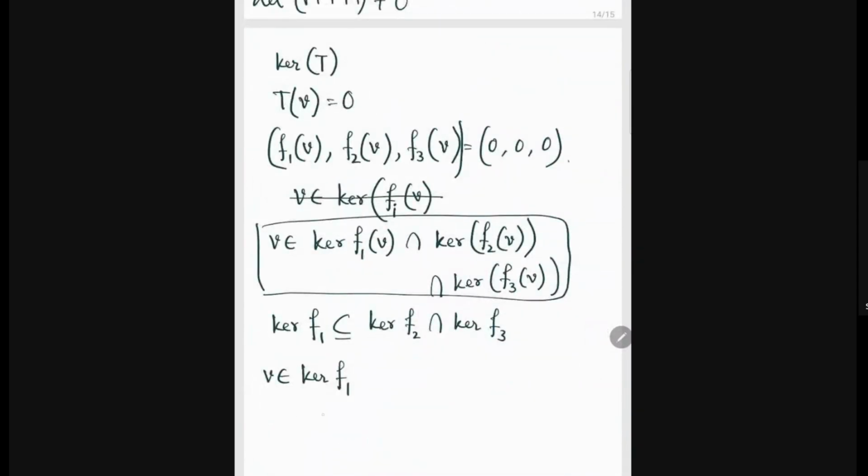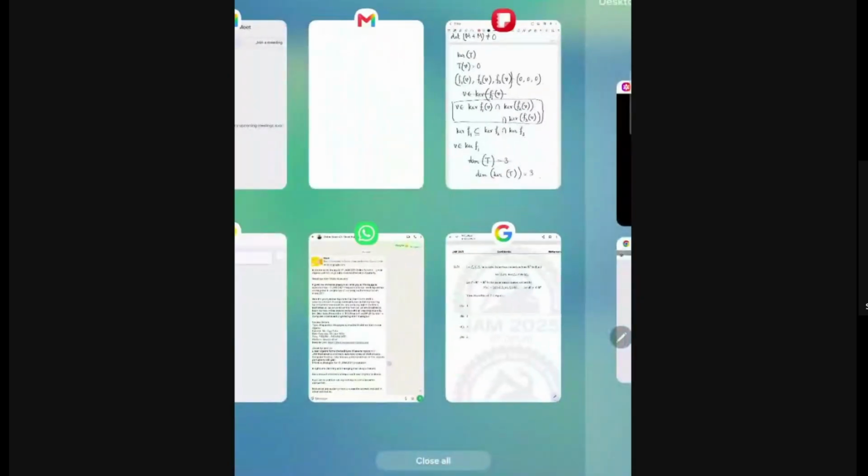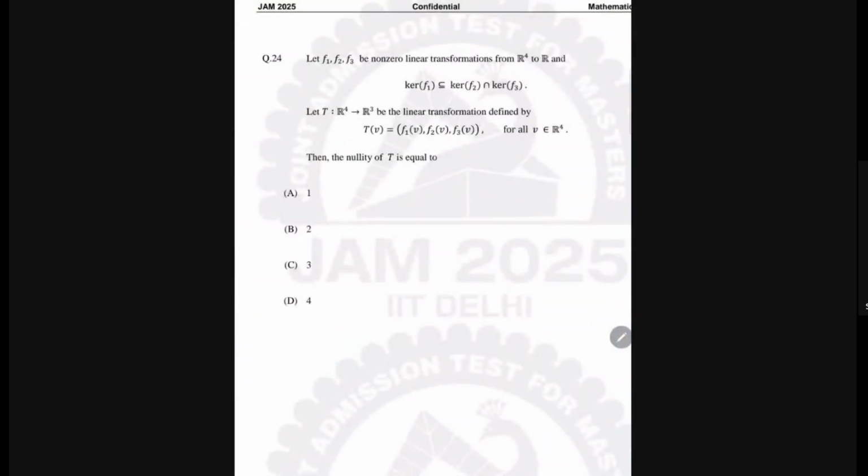So the dimension of kernel of T is 3. Our correct option is 3.